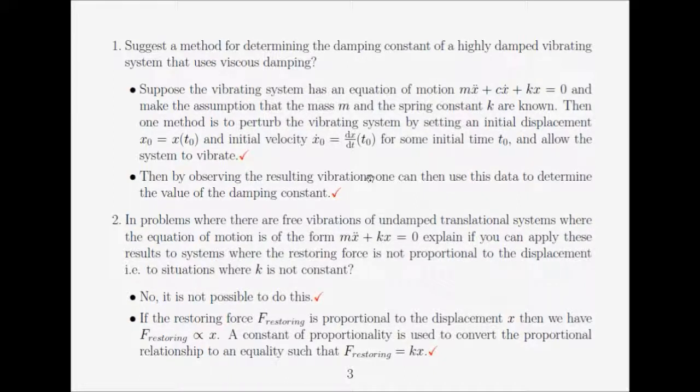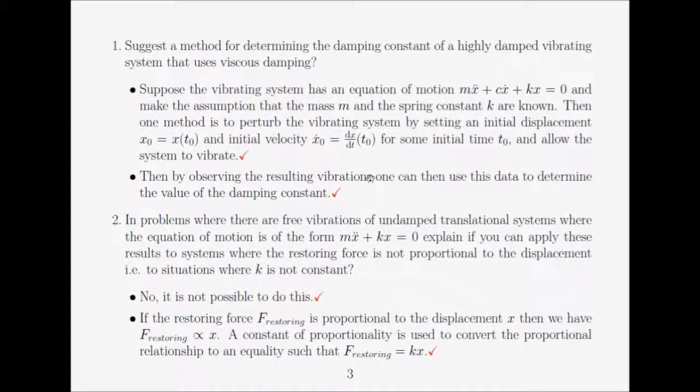The main learning objective you need to know in the course is that many vibration systems have a mass, a spring, and a damper, and vibrating systems are modifications of this basic equation: m x double dot plus c x dot plus k x equals 0. m is mass, x double dot is acceleration, c is a damping constant, x dot is velocity, k is a spring constant, x is displacement.